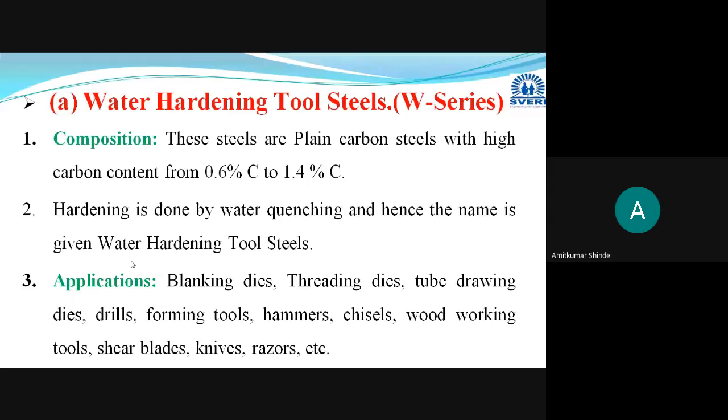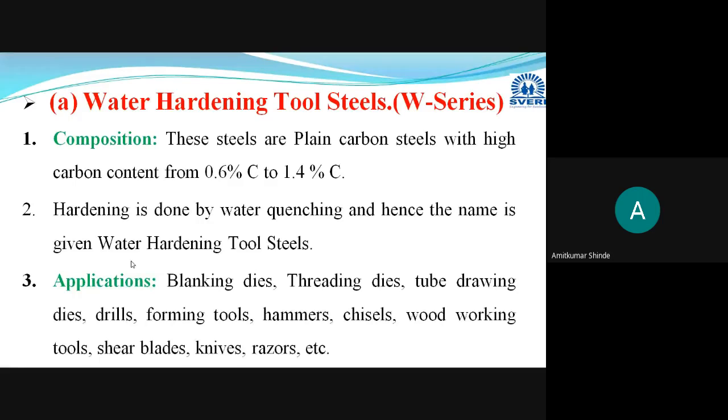Are you getting this point? Why is the name given as water hardening tool steels? Because to perform the hardening of these tool steels, we are doing the quenching or cooling process by using the water medium. Due to this only, they are denoted by the W series. W stands for water here.